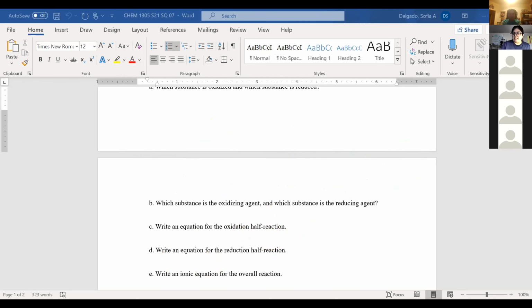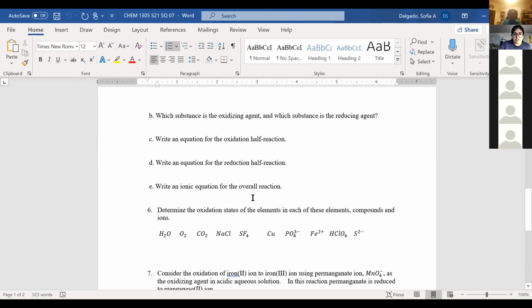So the last thing that I want us to do is write an ionic equation for the overall reaction. So does anybody remember how to write an ionic equation? You write it with the charges? Okay, what else? You determine whether it's soluble or insoluble.